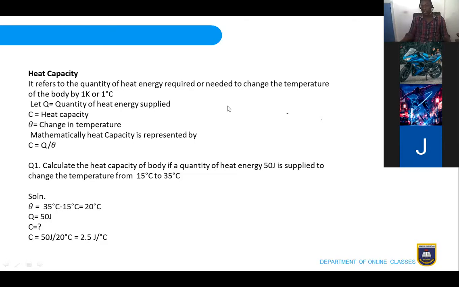So note the difference. Heat capacity is represented with capital C. So as you can see, Q is the quantity of heat energy supplied, the capital C is the heat capacity, and theta over there is the change in temperature.